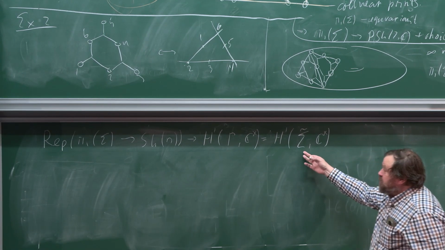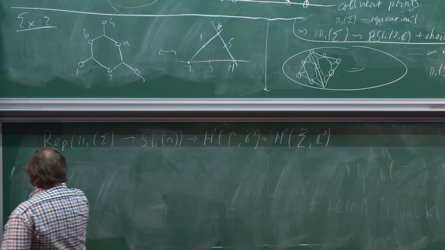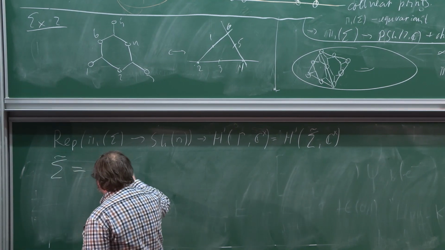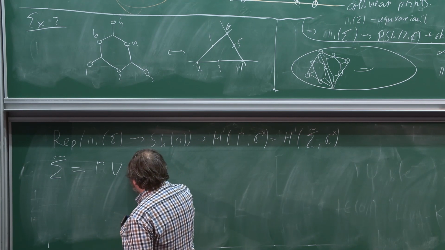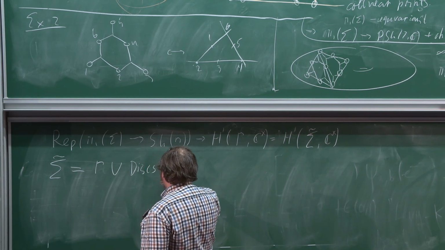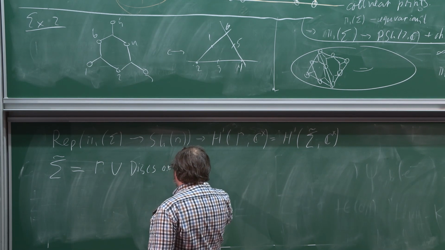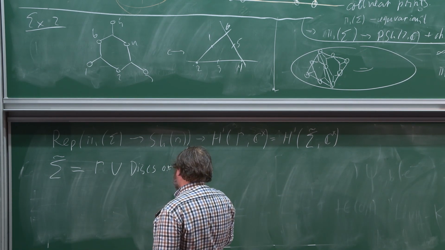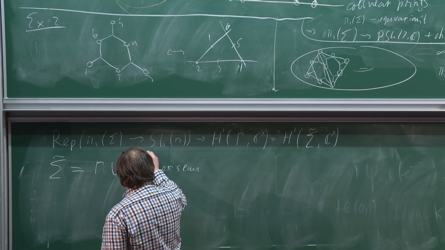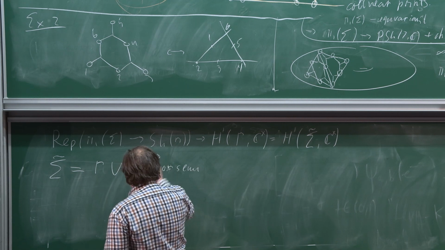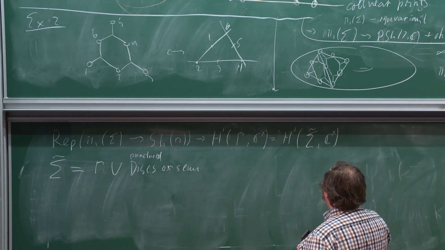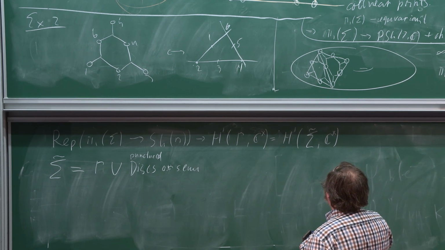And how to construct this surface? So sigma tilde, by definition, is equal to the graph union with disks or semidisks, disks or punctured disks. Maybe you can say you just put a ribbon structure on gamma, which is usual on black and opposite on white.